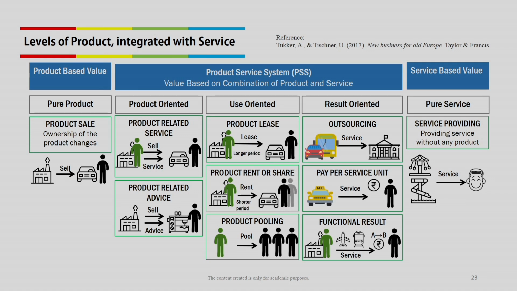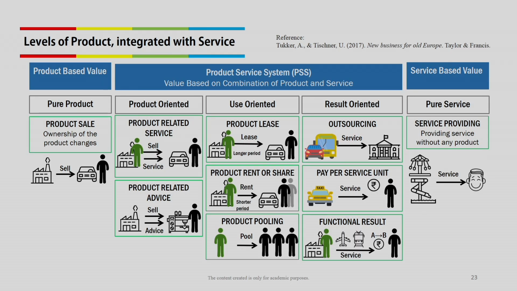Second level is product rent or share. The difference between rent and lease is the time period. In case of rent, it is shorter period of time. For example, you are taking rent a car for 1 day. Again, when you are returning the product, the second person will use it. Third part is product pooling.